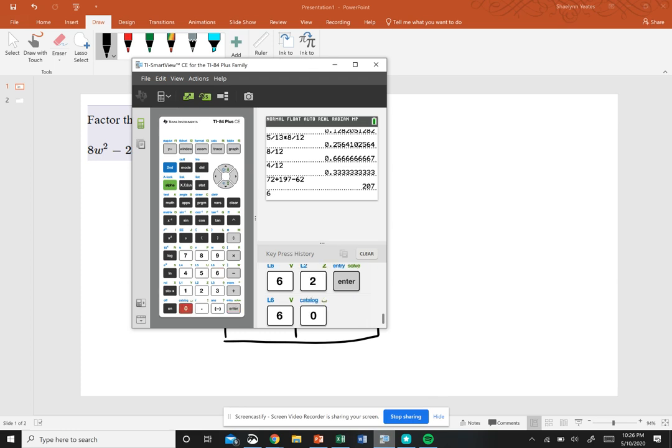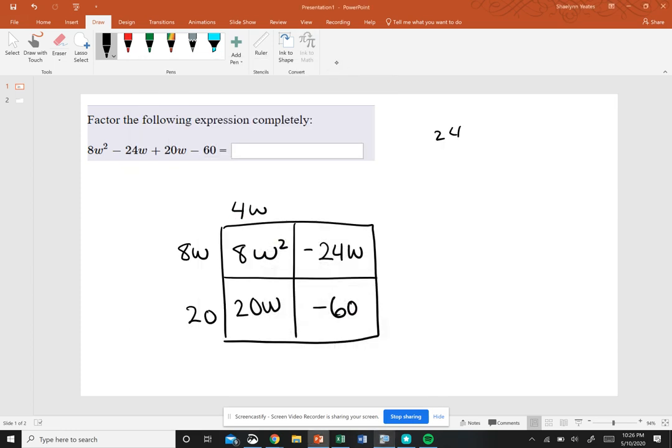So let's see, 60 divided by 12. Does that work? 5. So let's see. 24's factors are 1 and 24, 2 and 12, 3 and 8, 4 and 6.